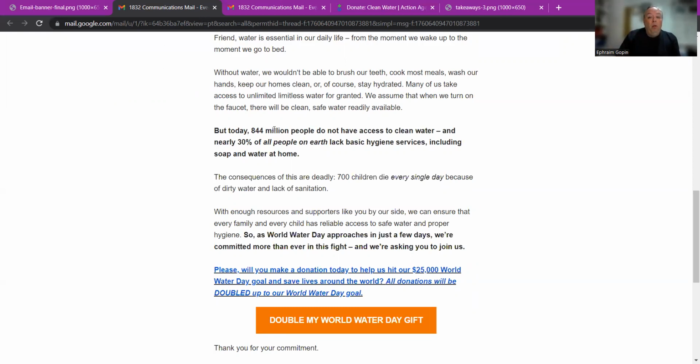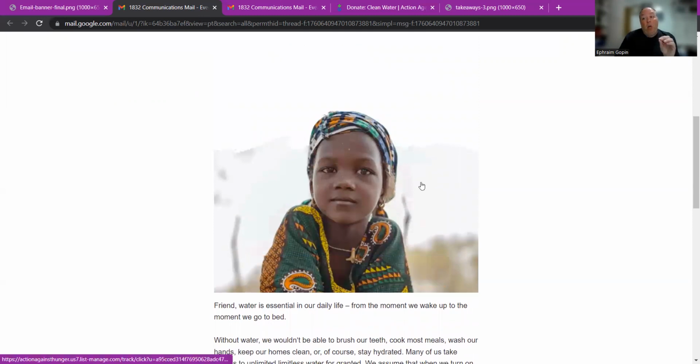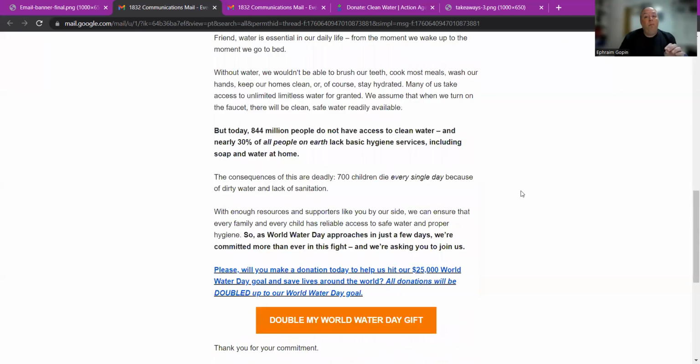Here in the middle, what they bolded is 844 million people do not have access to clean water, and nearly 30% of all people on Earth lack basic hygienic services, including soap and water at home. Now, it's a big problem, and it definitely needs to be solved. But in terms of storytelling, because I have this picture here, I would hope that they're going to tell the story of one person.